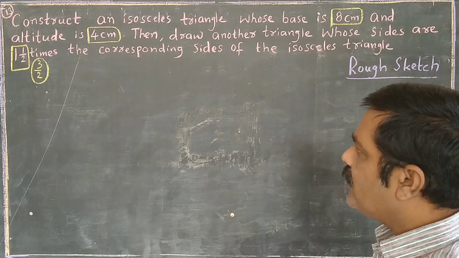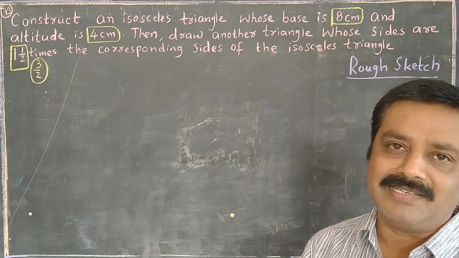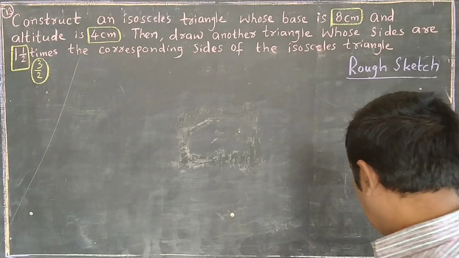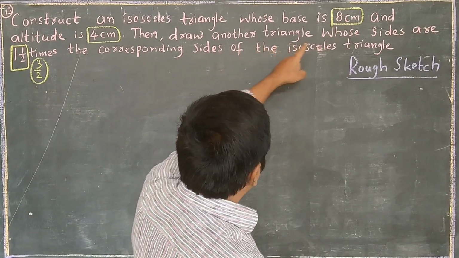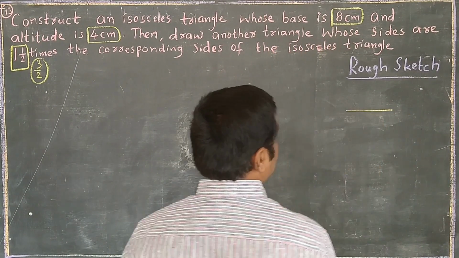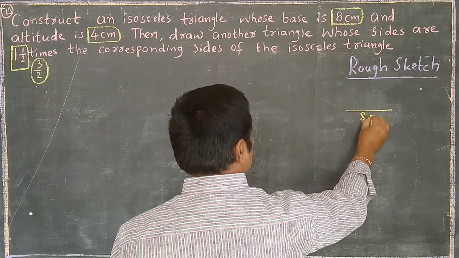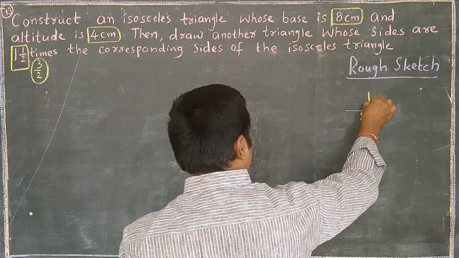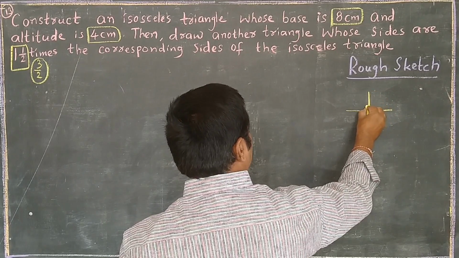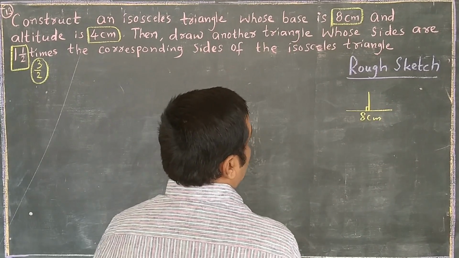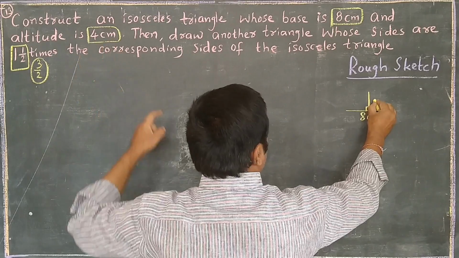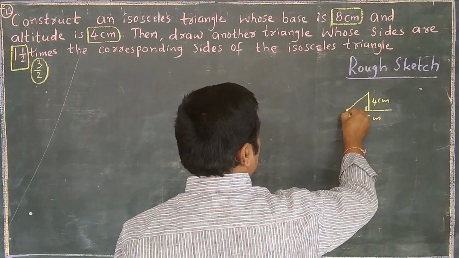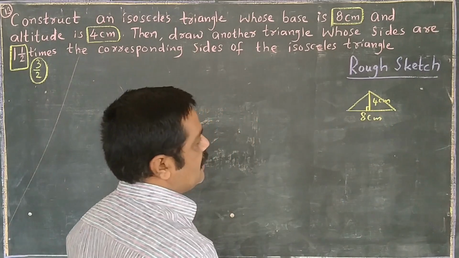What is the difference? How to construct the triangle is different for these problems. First, you have to construct the base, 8 centimeters, and also the altitude, which is the perpendicular height of 4 centimeters. We are asked to construct an isosceles triangle.